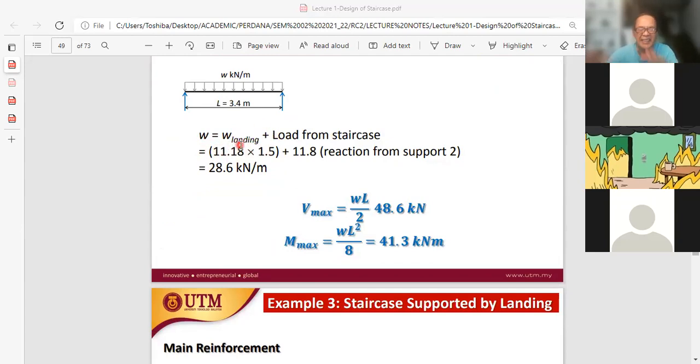This 11.18 is the design load on the landing, multiplied by the width of the landing to get kilonewton per meter length of the landing, in the same direction as the reaction from the support. Adding these two together, we have a total loading of 28.6, which is the self weight GK and QK of the landing plus the reaction from the staircase. From here we get the bending moment WL squared over 8, or the maximum shear WL over 2.